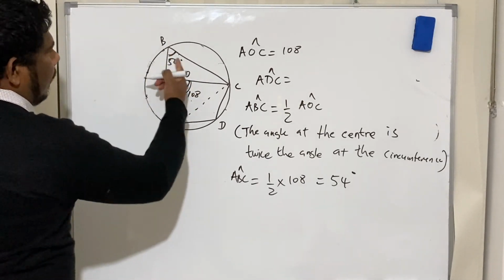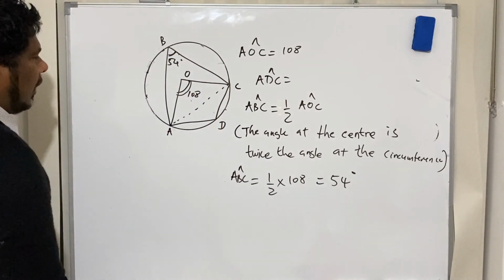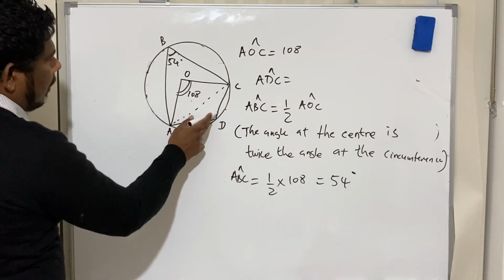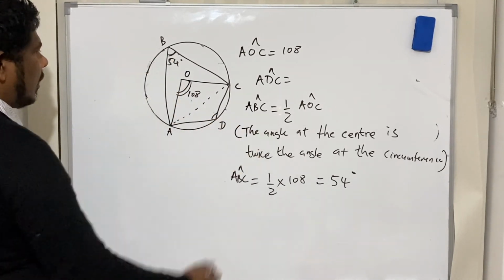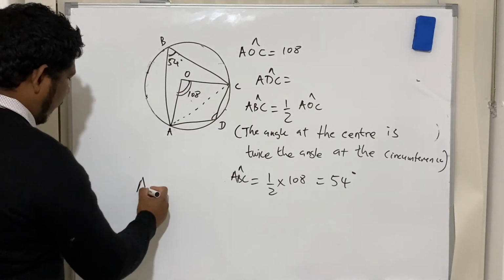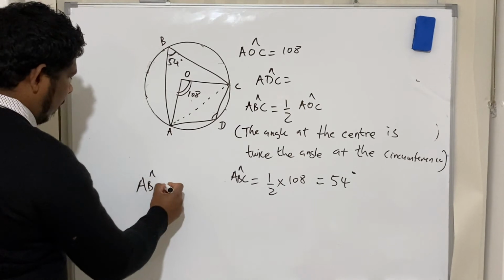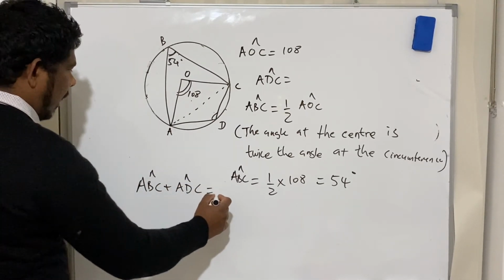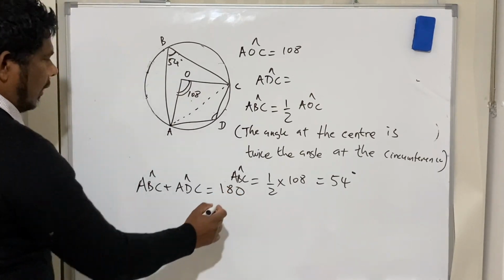This is the cyclic quadrilateral ABCD. The opposite angles of a cyclic quadrilateral add to 180. So angle ABC plus angle ADC is 180.